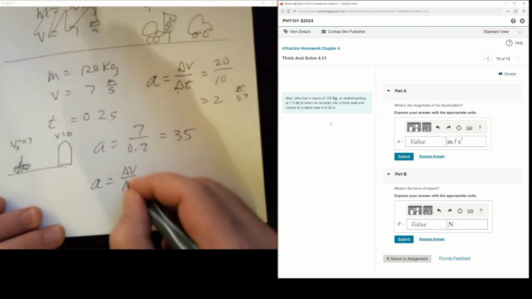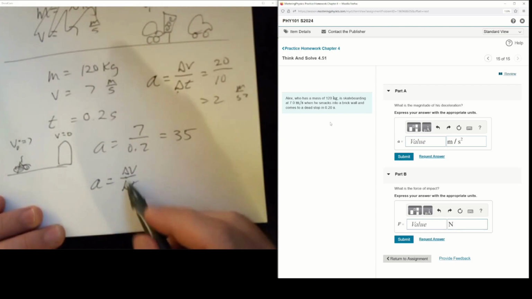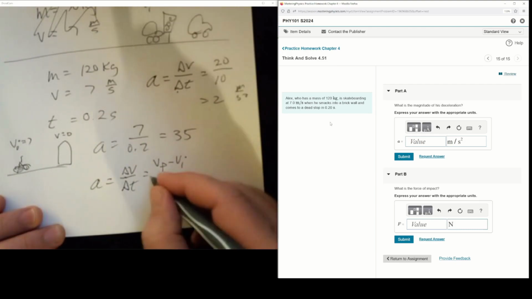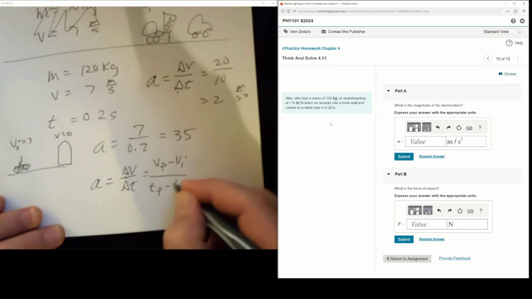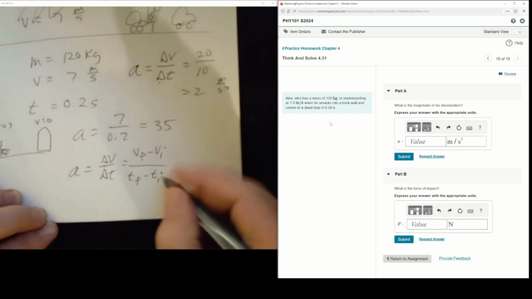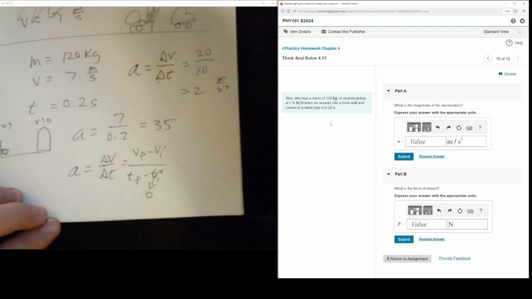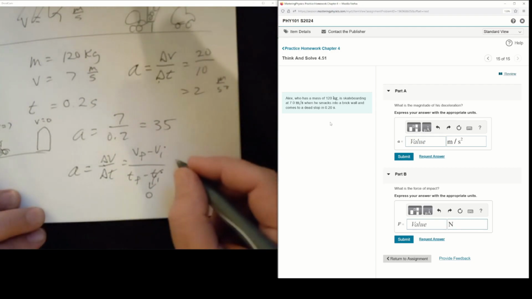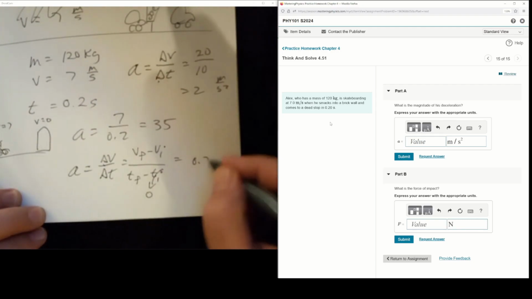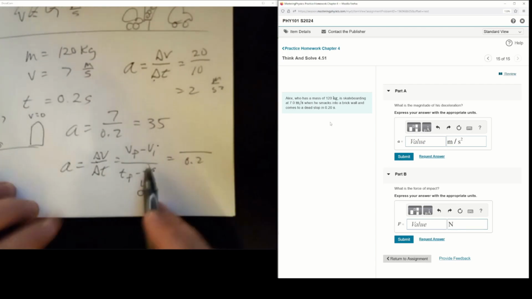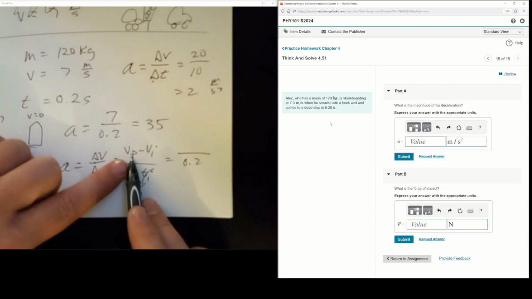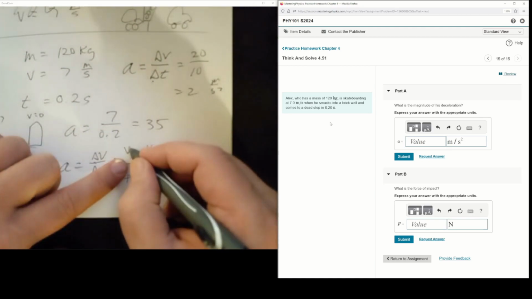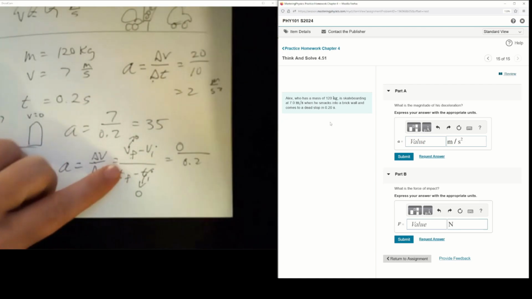Now we'll see what happens here with the book, but let me just say this. These deltas, these math symbols, are always defined as final minus initial. Now in physics, we almost always take time initial to be 0. So the bottom here is just time final, which they told us is 0.2 seconds. Our final velocity, because we stopped, when he hit the wall is 0.